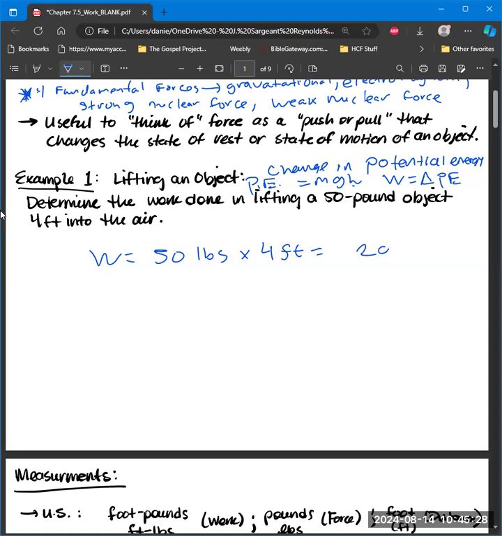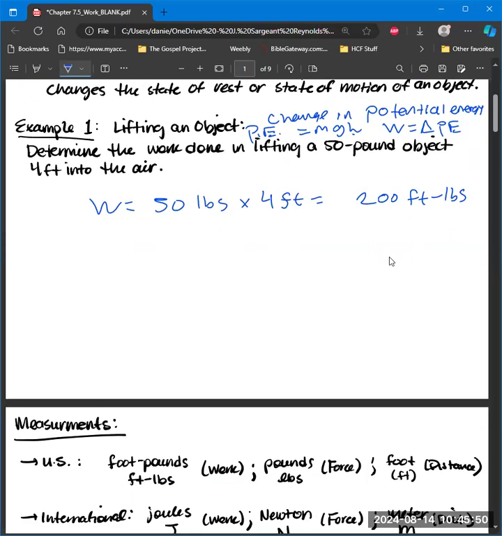You've done 200 foot-pounds of work. And so the unit of work in the imperial system, or the US customary measurement system, or the engineering system, however you refer to that, is foot-pounds.